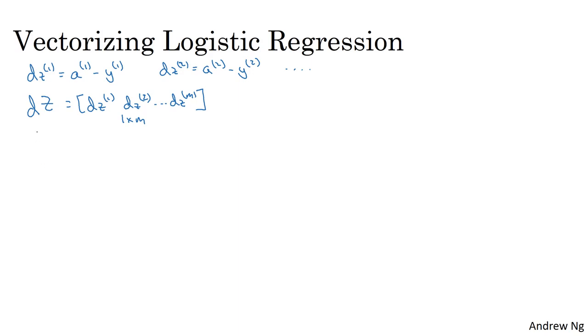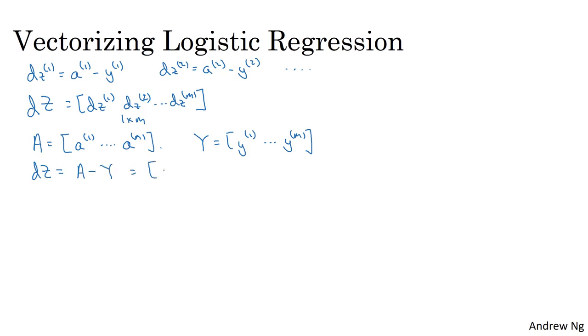Now recall that from the previous slide, we'd already figured out how to compute capital A, which was A1 through AM. And we had defined capital Y as Y1 through YM, also stacked horizontally. So based on these definitions, maybe you can see for yourself that dZ can be computed as just A minus Y, because a1 minus y1 is going to be the first element, a2 minus y2 is going to be the second element, and so on.